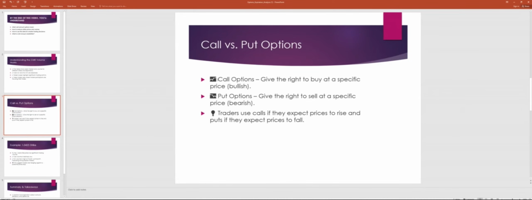Now for the call option, which is C, this gives the right to buy at a specific price, which simply means bullish. There are buyers, there are bulls at that particular price level. So wherever you see C, it means a buy signal, a bullish signal.